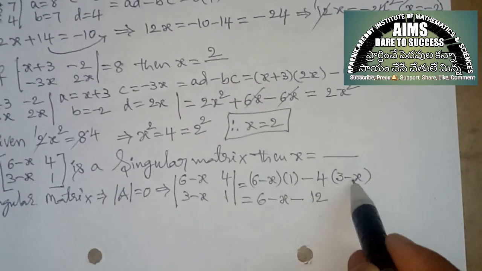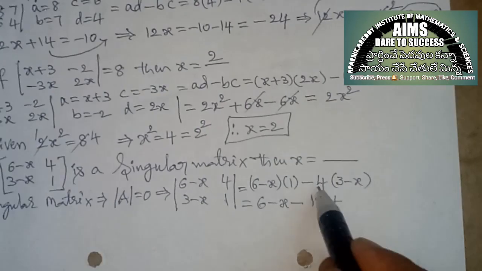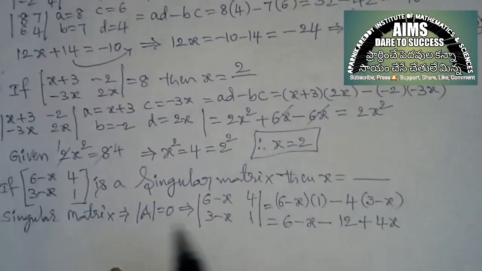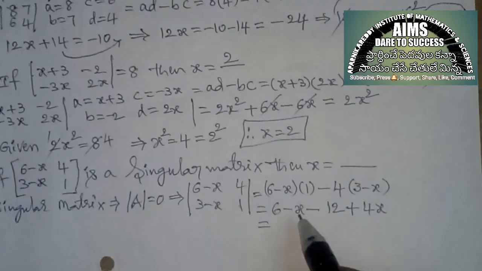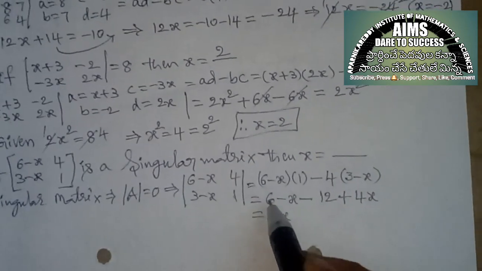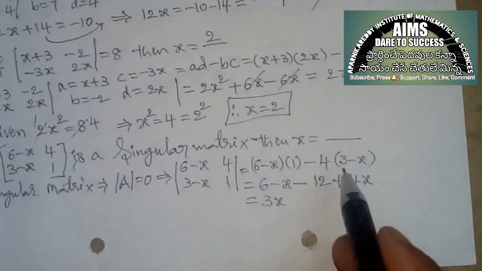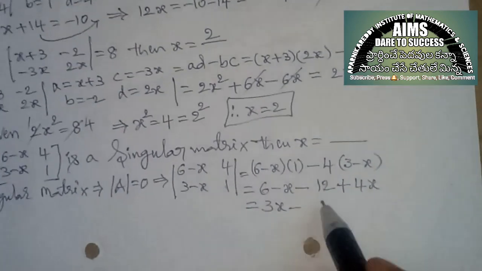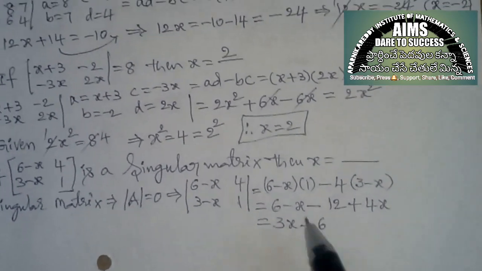Again you can multiply inside, minus into minus plus, 4 into x, 4x. Here answer is equal to 4x minus x is 3x. Next 6 minus 12, small value minus big value is negative symbol, so 6 minus 12 is minus 6.